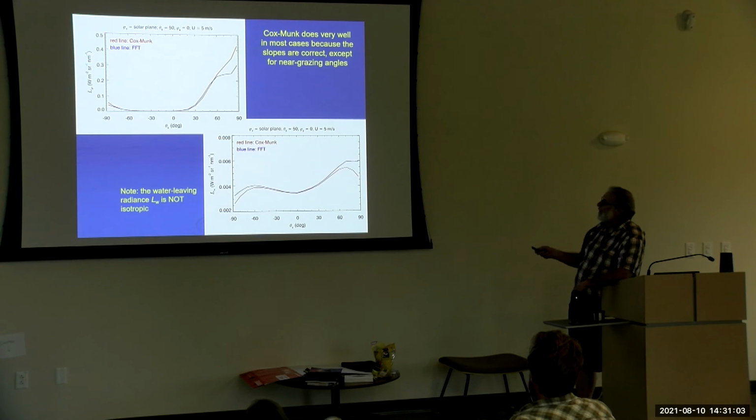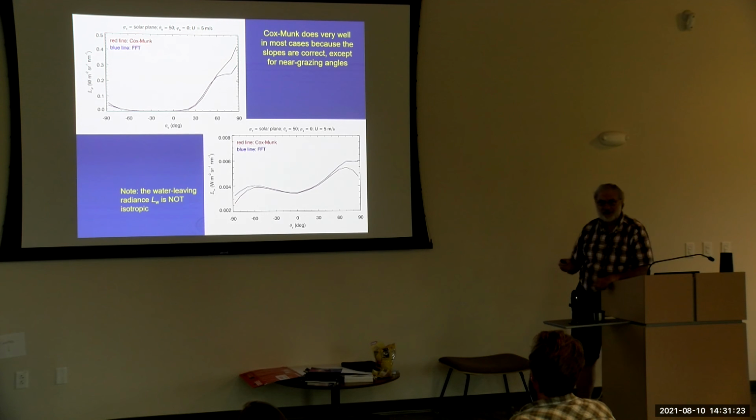Here's a plot here. The red is what's predicted by a Cox-Monk surface. The blue is the Fourier transform surface. This is for the sun at 50 degrees, wind speed of 5 meters per second. And you see they're almost identical out to about 60 degrees. And then you start seeing differences.